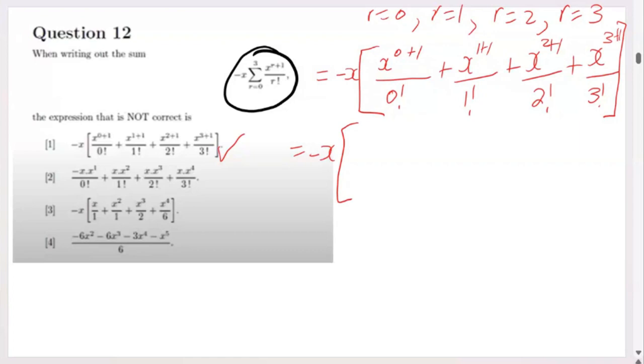So this is going to be equal to x to the power 1 over 0 factorial plus x to the power 2 over 1 factorial plus x to the power 3 over 2 factorial plus x to the power 4 over 3 factorial.